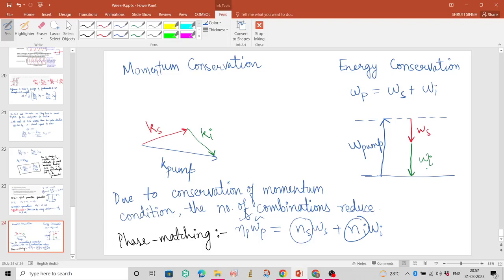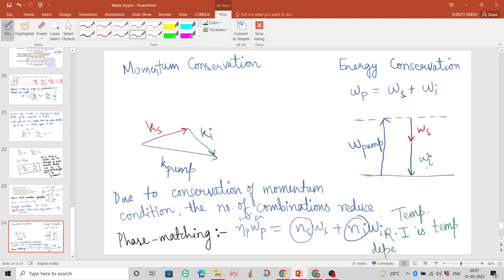And this refractive index is controlled by controlling the temperature. So refractive index is a temperature dependent thing. Okay. So temperature tuning is very important here.